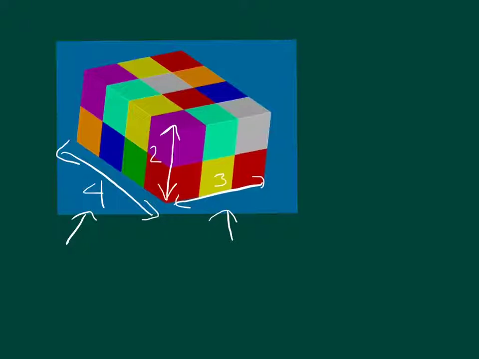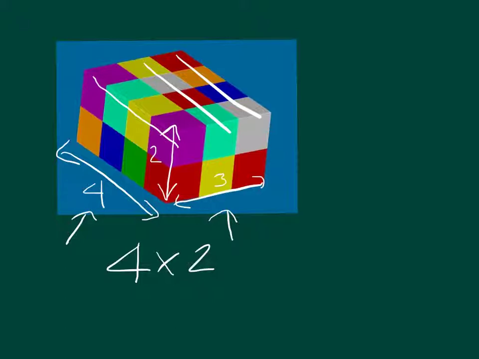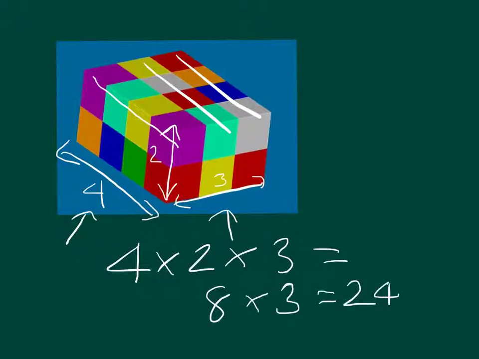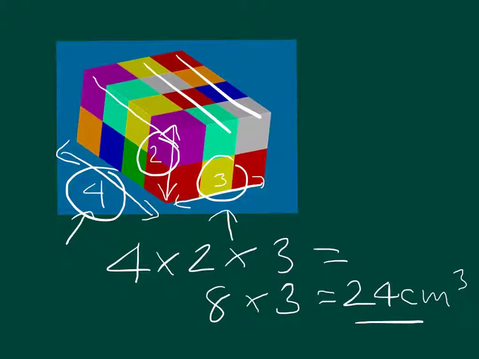So we have got our top strip, we've started off with our 4, we've got 2 layers of 4, and then we've got 3 rows. So it's 4 times 2 times 3. So 4 times 2 is 8, 8 times 3 is 24. So again we can see that if we simply multiply the dimensions, we'll find our volume, and I'll just put the unit correct there. That's 24 centimetres cubed.